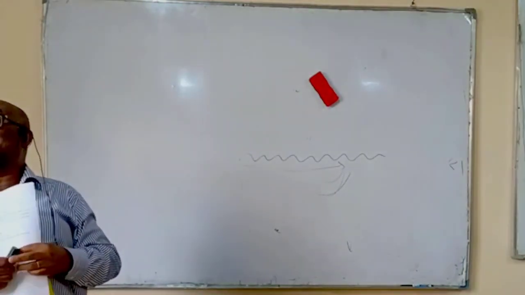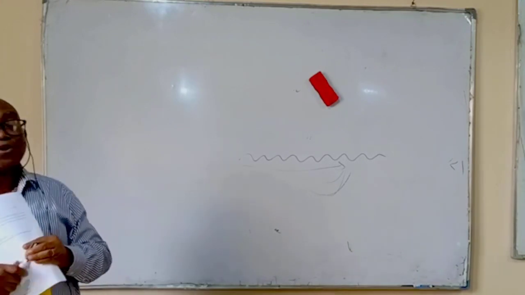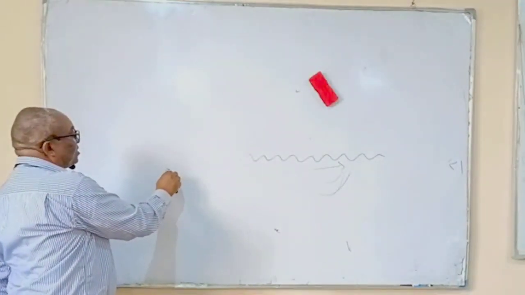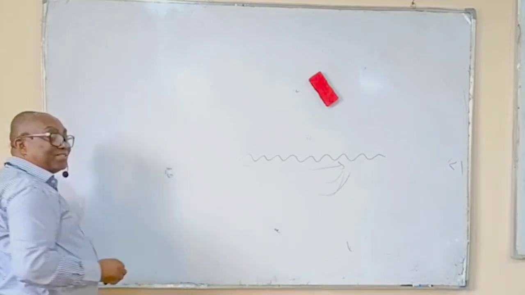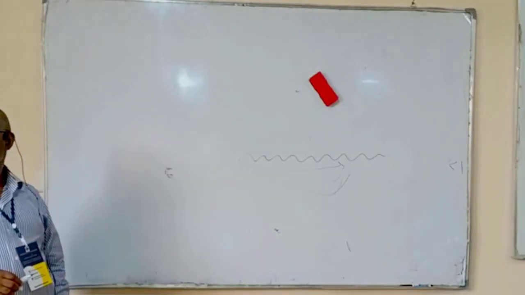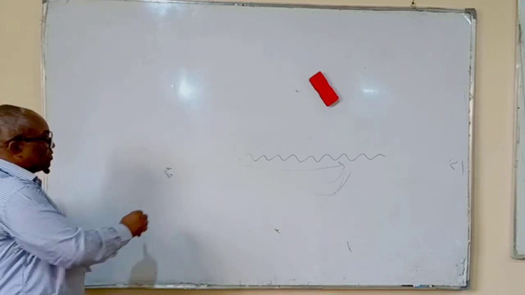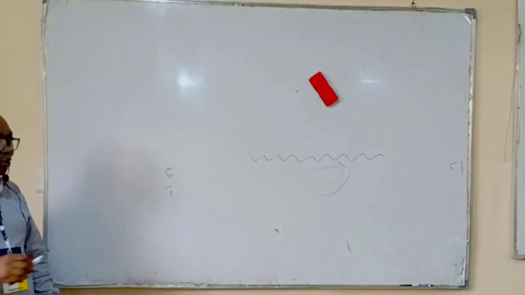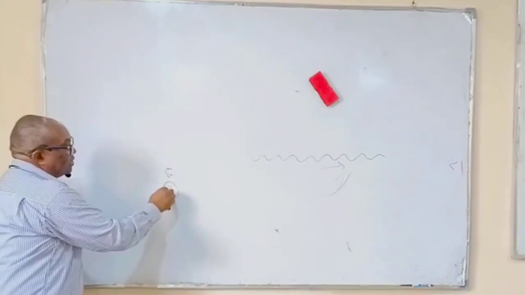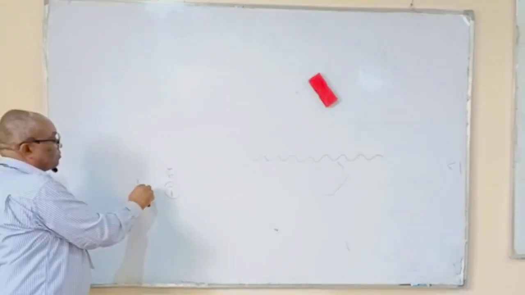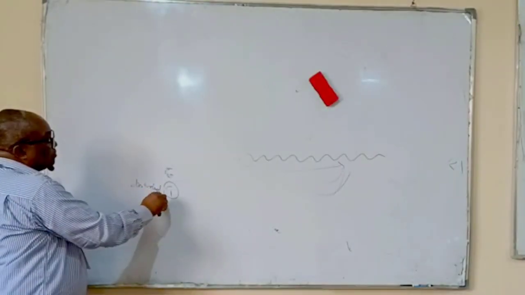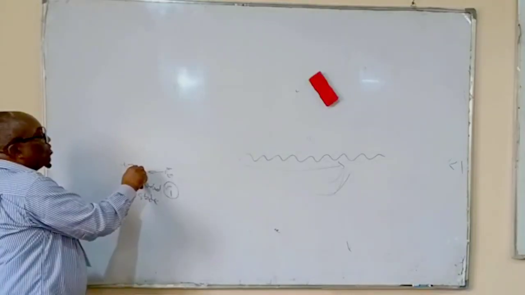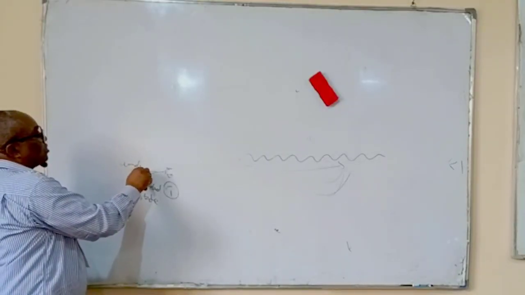And then in our system, how do we create the disturbance? You can see something that is at rest. Let's say arrow 0. We use 0 to represent rest. And then when you disturb it, let it become arrow 1. So this one is the disturbed state, and this one is undisturbed.